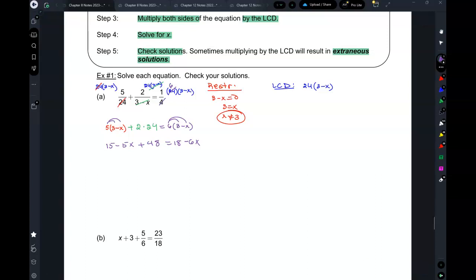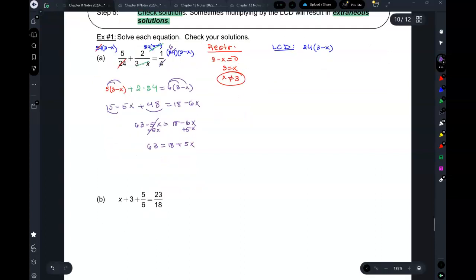So 15 plus 48, how much is that? Go ahead and plug it into your calculator. 63, minus 5x is equal to 18 minus 6x. Add 5x to both sides. So 63 is equal to 18 plus 5x. Minus 18, what do we get? 45.